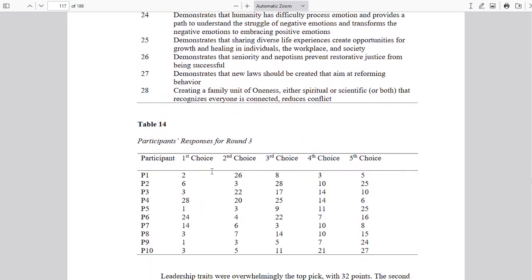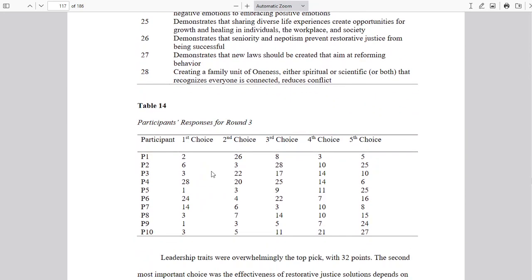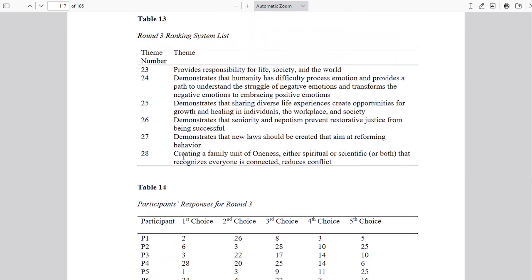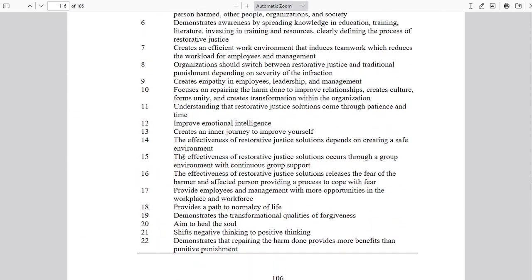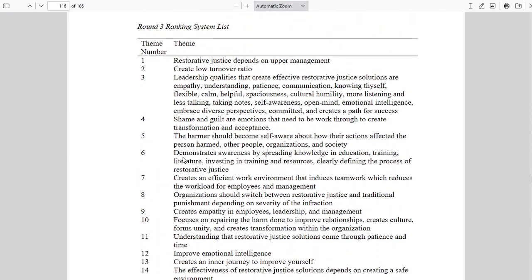Okay, so these right here, where it says participants' responses, table 14, is how, like, P1 selected 2 as their first choice. They thought that the most important was creating a low turnover ratio.